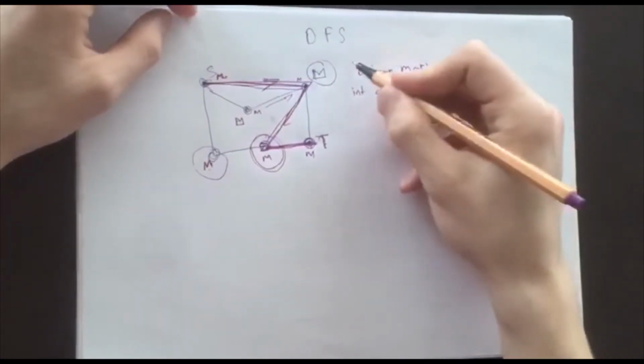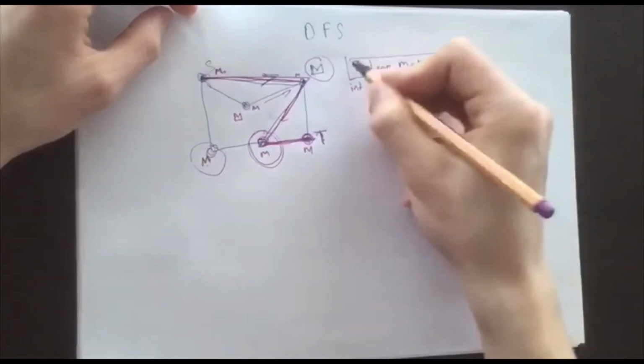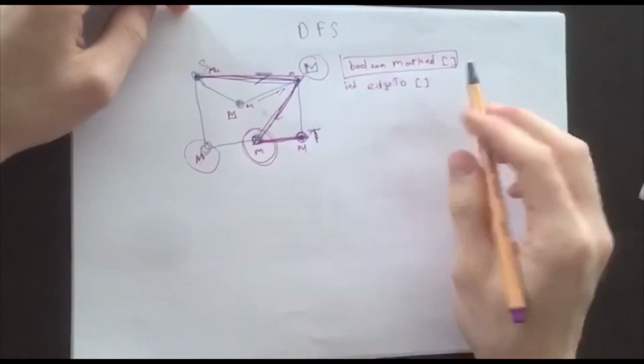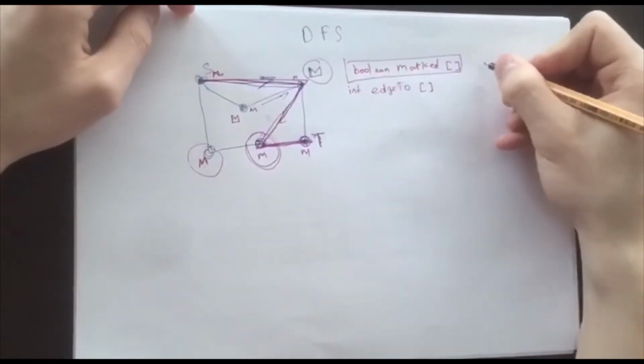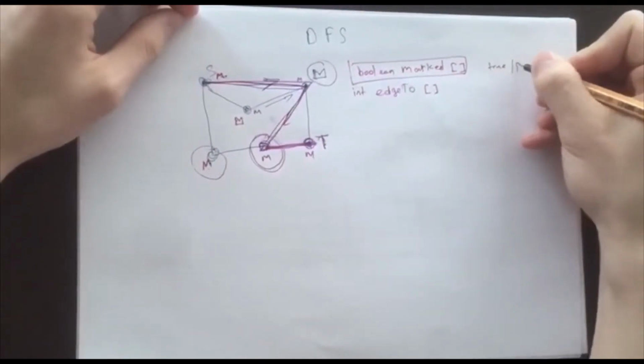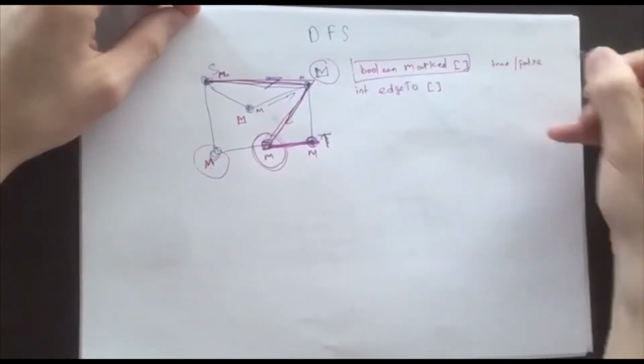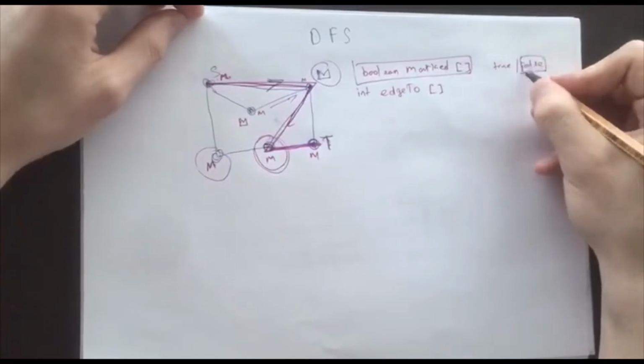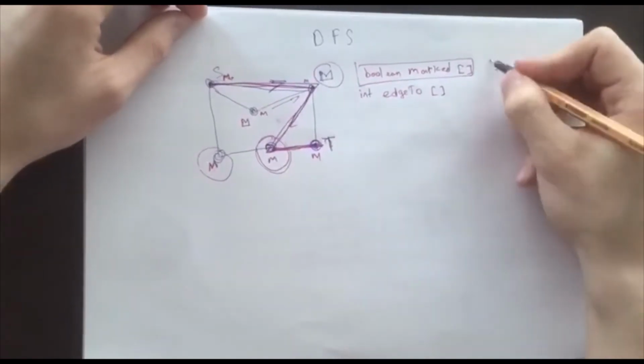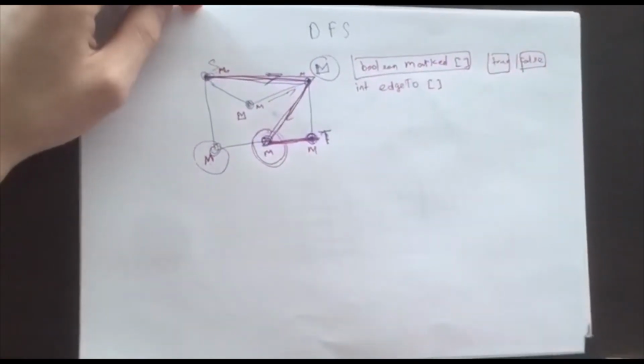What is the marked array going to do for us? There is just a value, true or false. False means that it is unmarked. True means that it is marked.